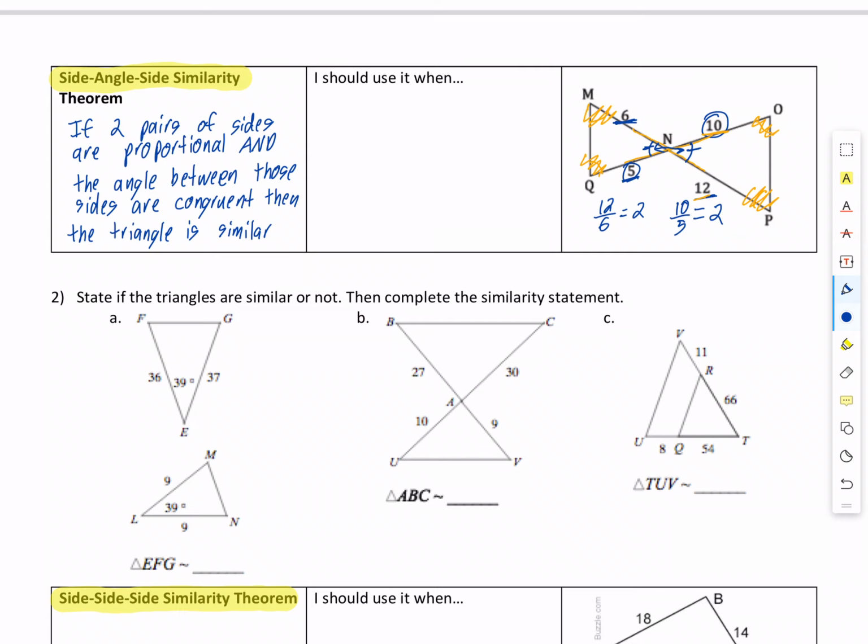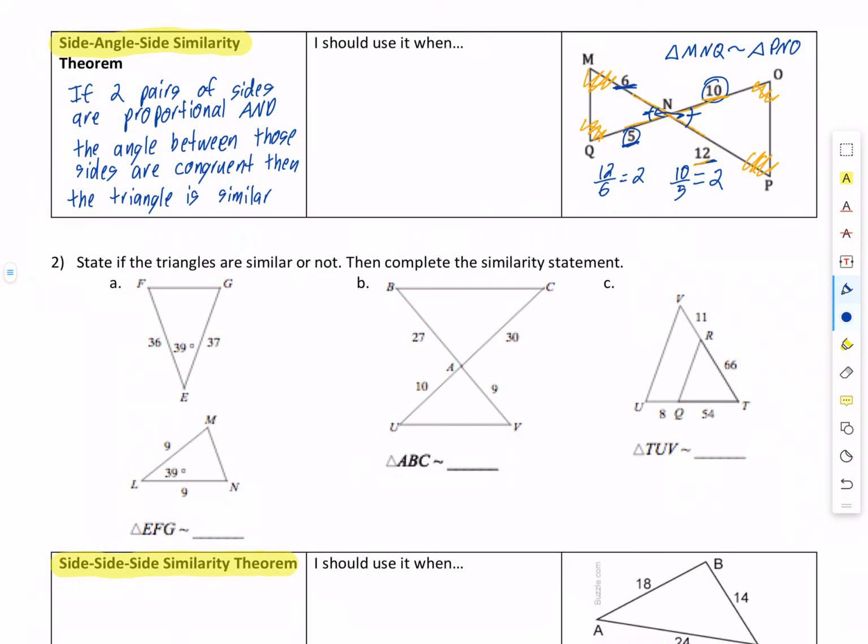So therefore, we could write that triangle M and Q is similar to triangle P and O.